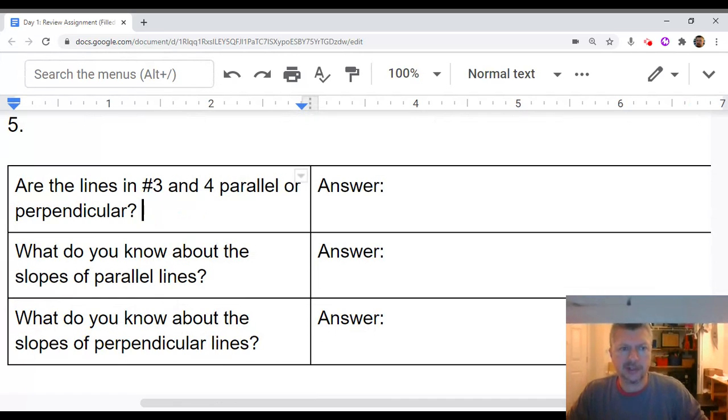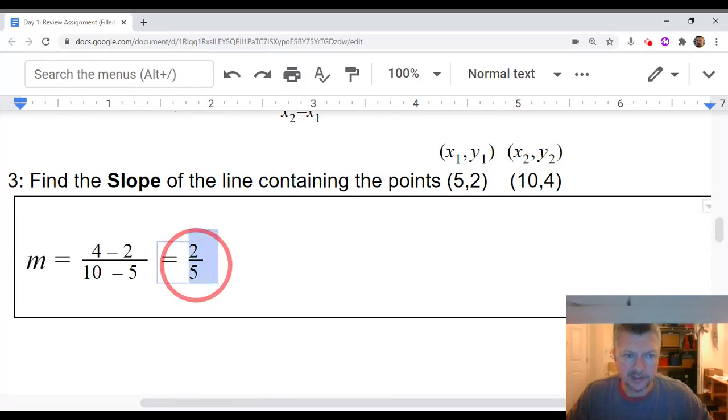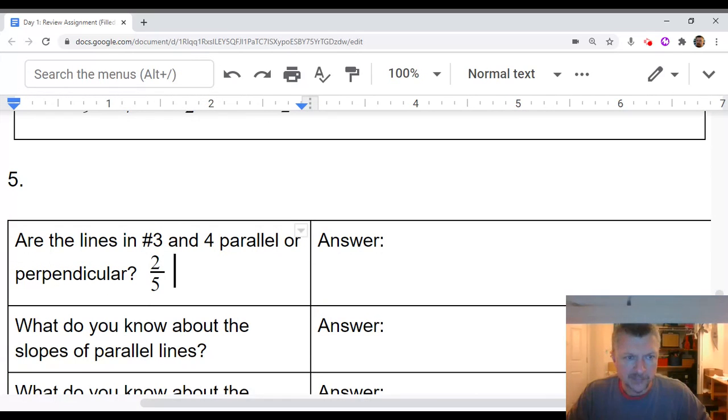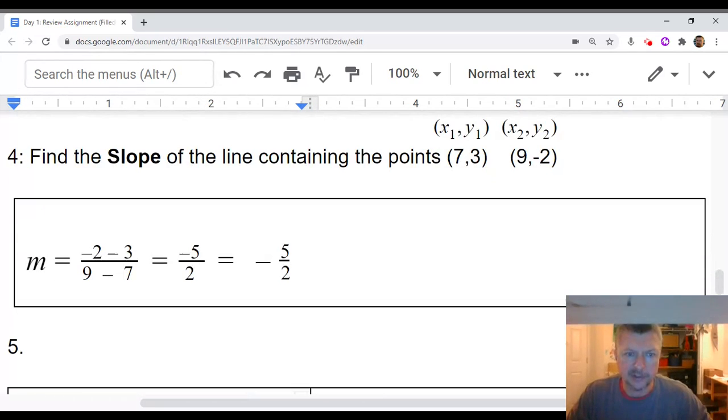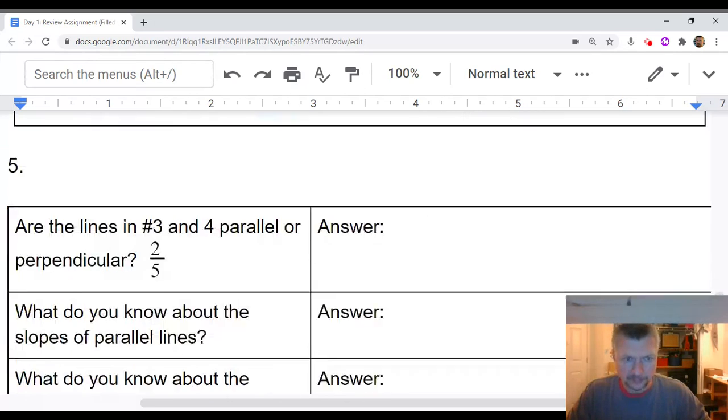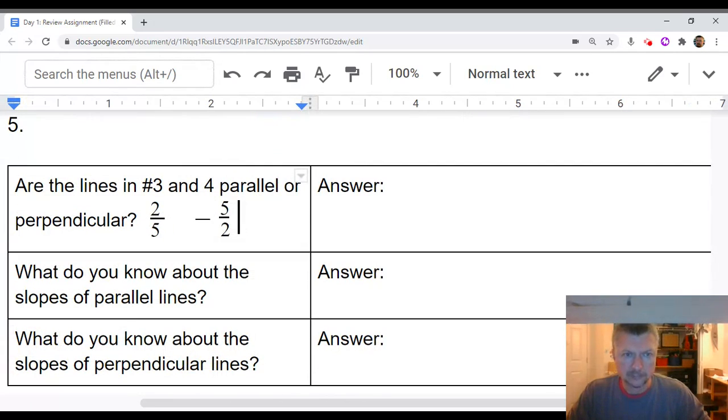I'm going to put those in here. So there's one slope, 2/5. Now I can put the other one in here, negative 5 over 2. Okay. Are they parallel or perpendicular? I don't know. Let's put a comma in there so you can see the difference.